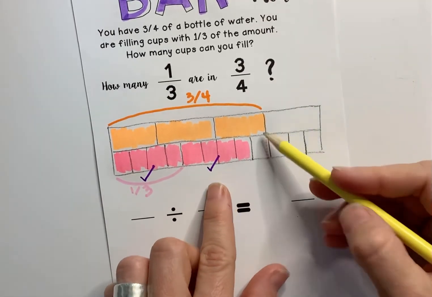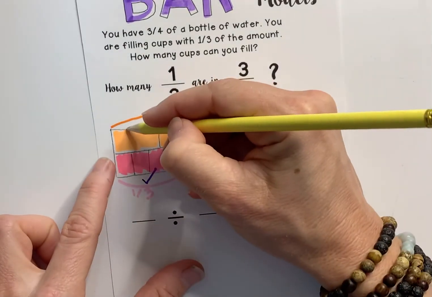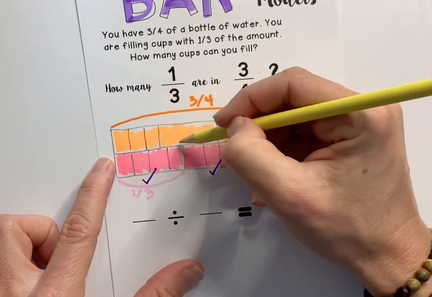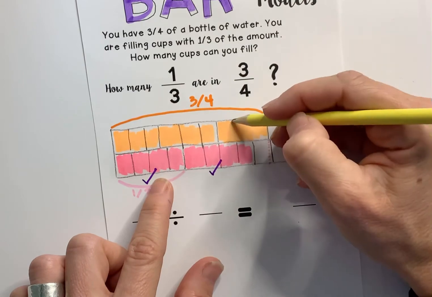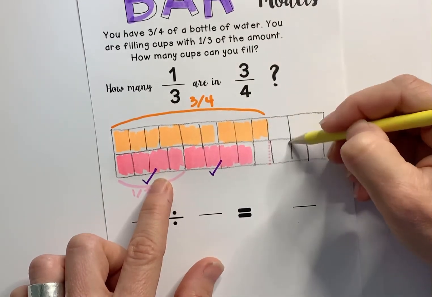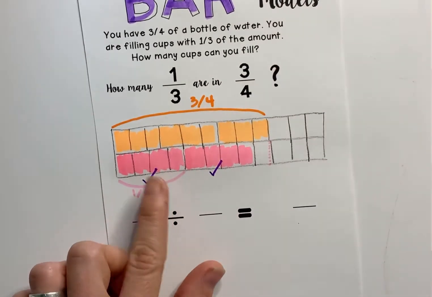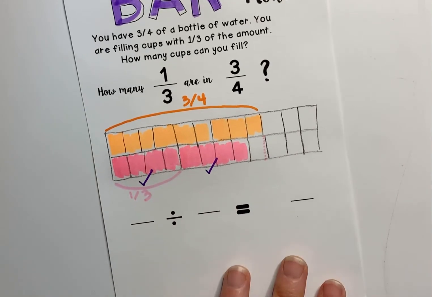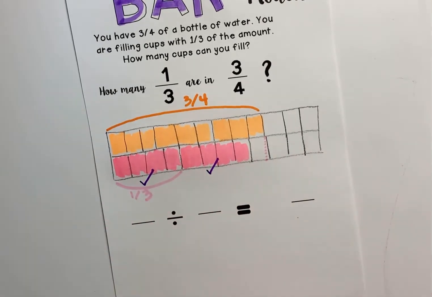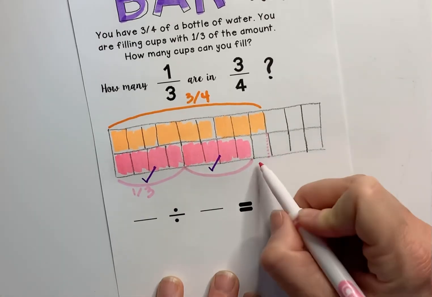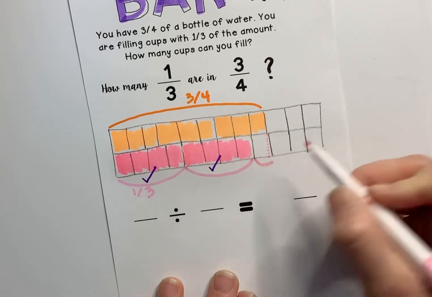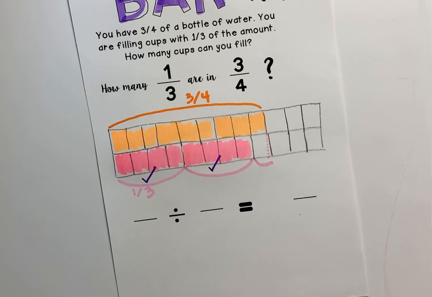And I can split my fourths into thirds. There we go. Okay, so I had 1 1/3 size piece, another 1/3 size piece, and 1 more of those.